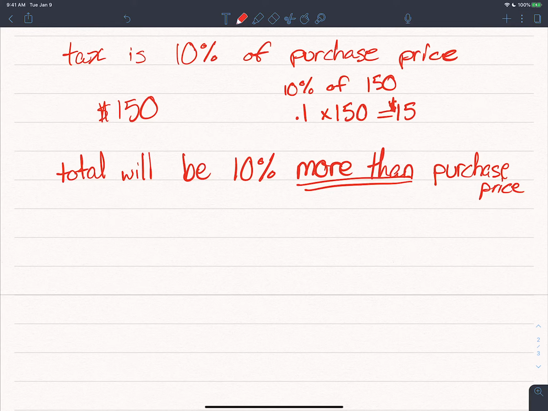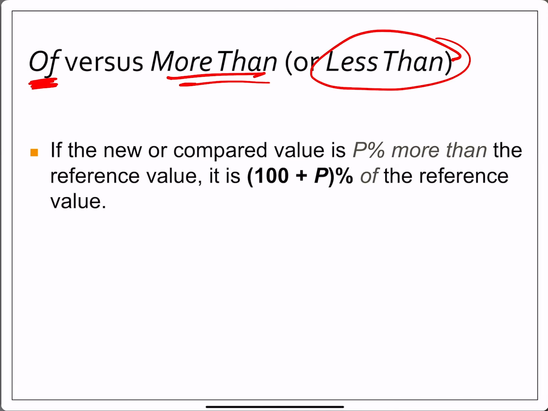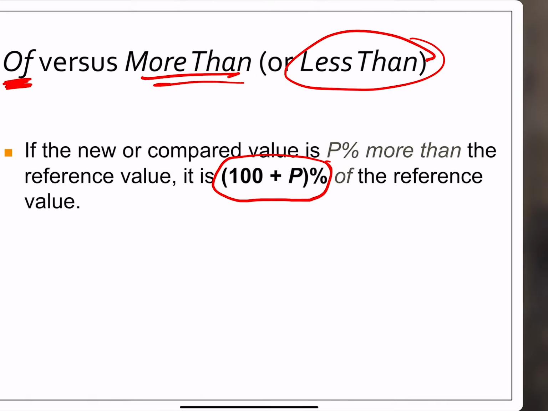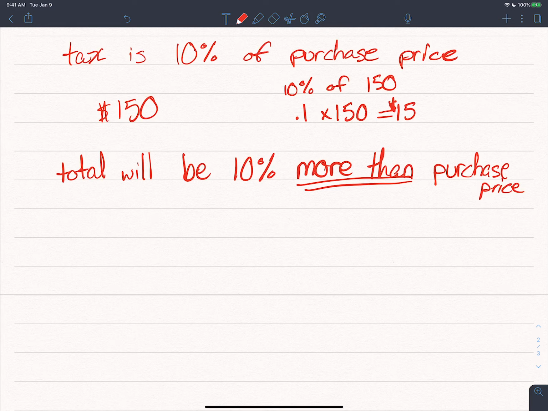Because when we do more than, we can't just multiply. When we do more than, what we do is 100 plus the percentage, right? So if it's 10% more than, it's going to be 100 plus 10% of the purchase price.